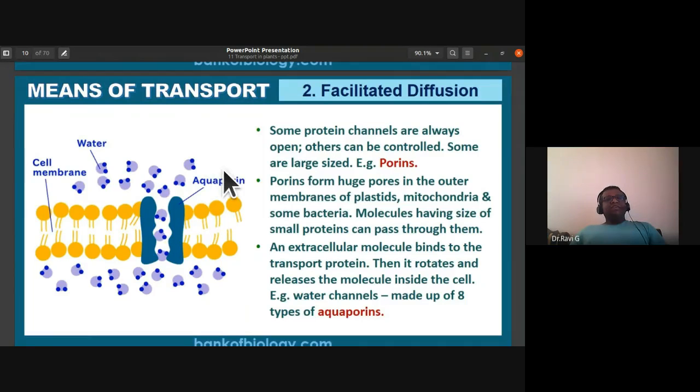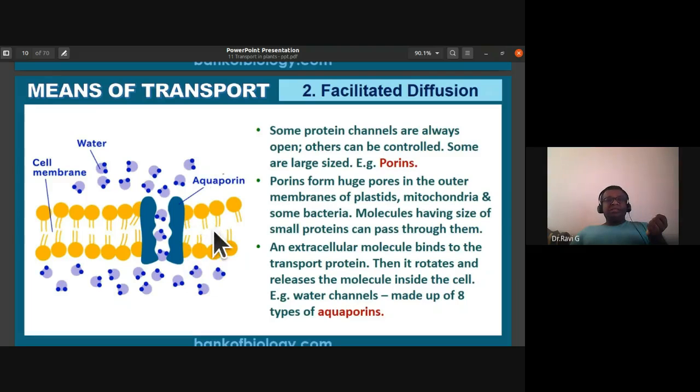Here in facilitated diffusion, you have to understand that some of the protein channels are always open, and others are regulated or controlled. That is, they open and close. So you have an opening and closing mechanism, but some of the protein channels are always open. The others can be controlled. Some of the protein channels are large sized.